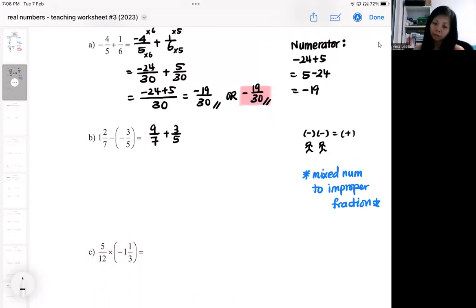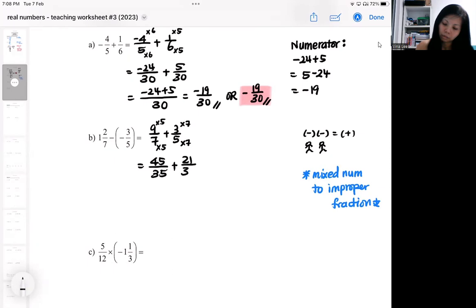Negative and negative become plus. Then I make same denominator one more time. Then numerator plus numerator. And then you can just punch calculator for the numerator that you have gotten.